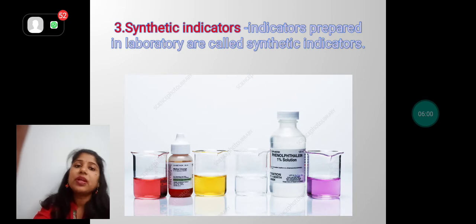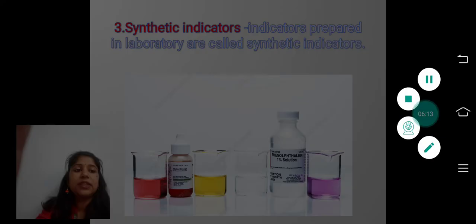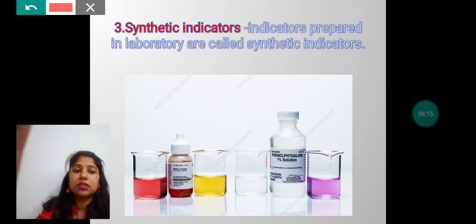Now, the next one is synthetic indicators. Synthetic indicators are prepared in laboratories, and here I am giving you two very important examples, that is phenolphthalein and methyl orange. Phenolphthalein itself is colorless, but when you add it to a base solution, it turns pink.